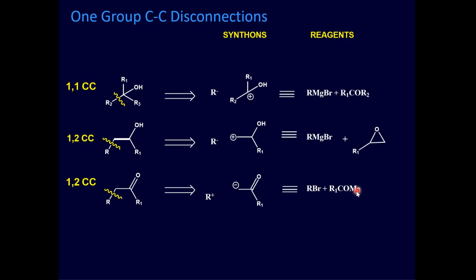In R1COCH3, if I treat with a strong base, as it is adjacently having a carbonyl group which pulls electrons, rendering this methyl carbon electron deficient, that makes it acidic enough to lose the proton. I add a strong base, it abstracts the proton, giving rise to CH2 minus. CH2 minus combines with R plus, and I'll get the corresponding ketone.